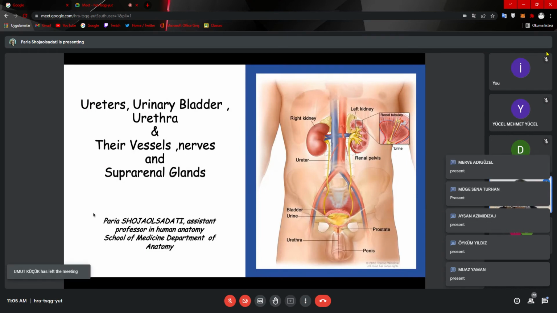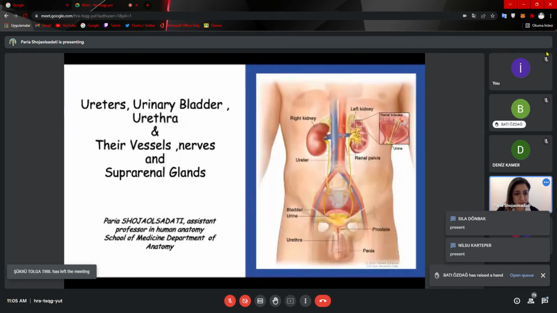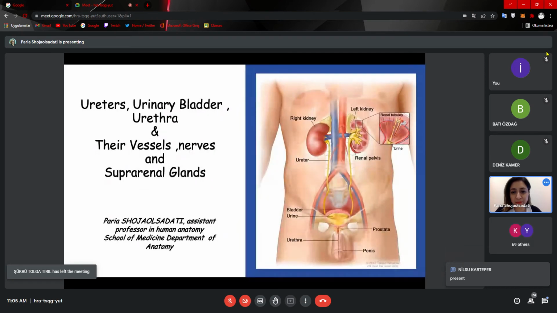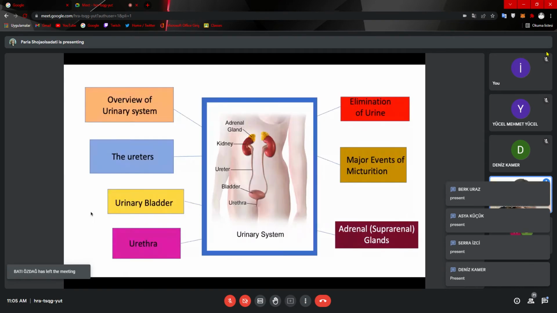Let's take a look at today's lesson. In this lesson, we try to learn the ureters, urinary bladder, and urethra. We describe the general function of the urinary system and the different structures inside it. For example, the urinary tract starts with the ureters on both sides.